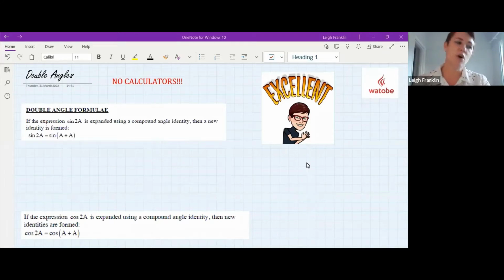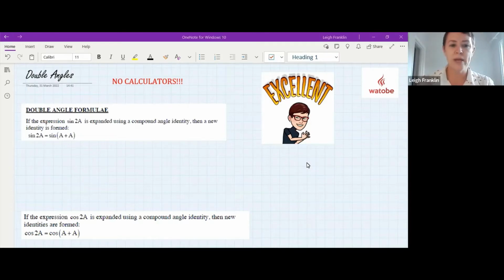And then we can start looking at questions from Thursday onwards, where we will be using compound angles and double angles in questions. Okay, so I think double is a little bit easier to understand compared to compound.